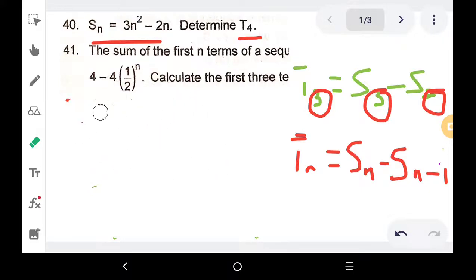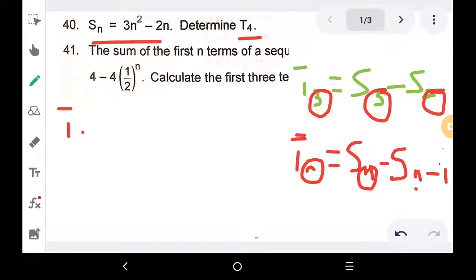Tn is going to be given by Sn minus Sn minus 1. Now let's go to our example. You can clearly see that if we are looking for T4, everywhere I see n, I'm going to put a 4.